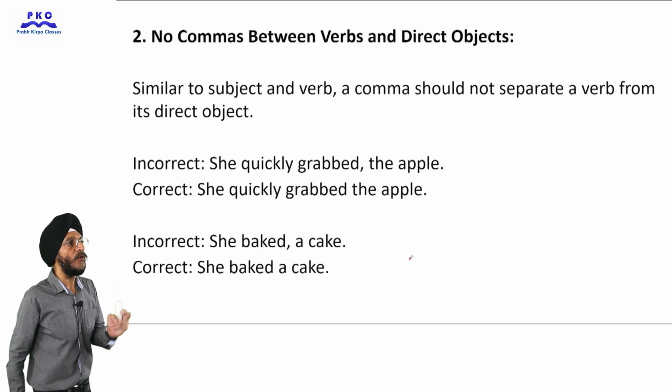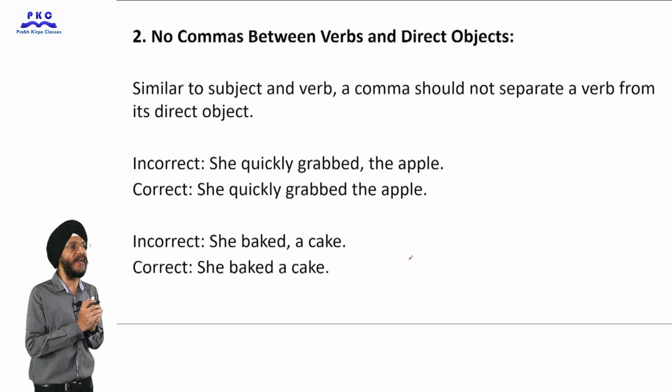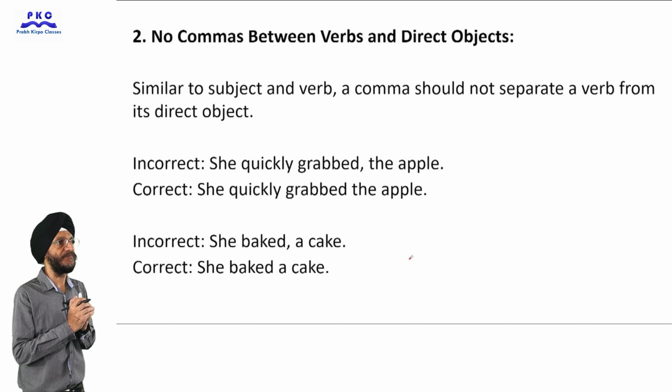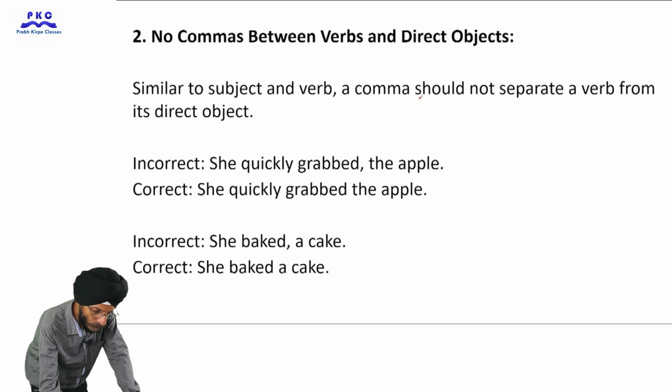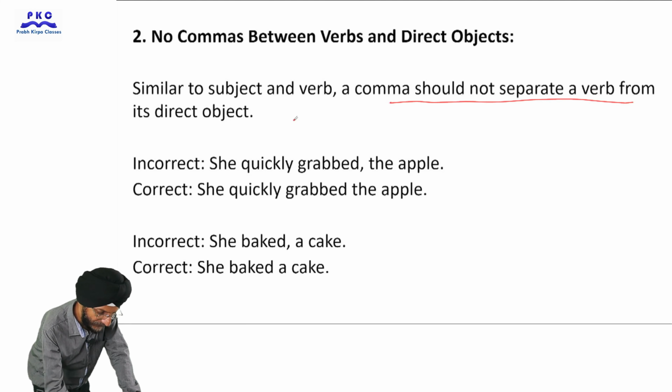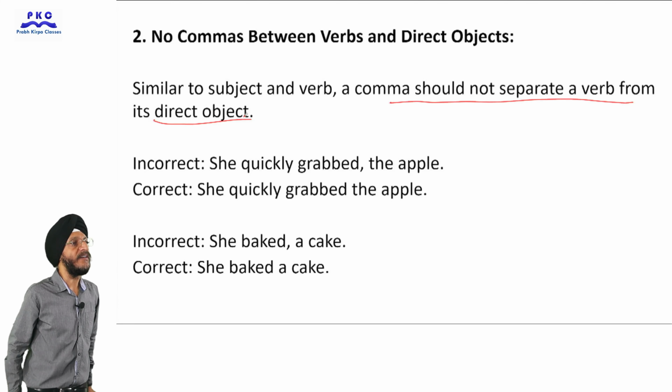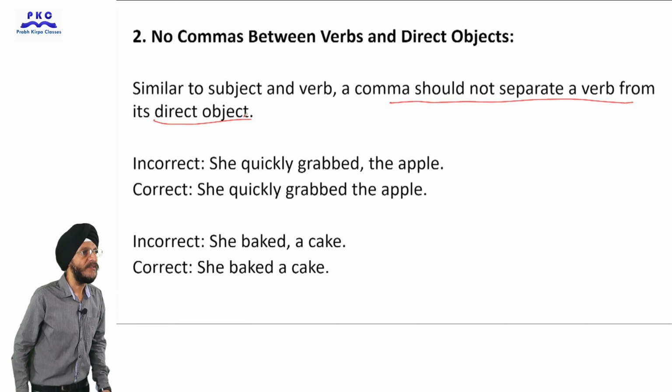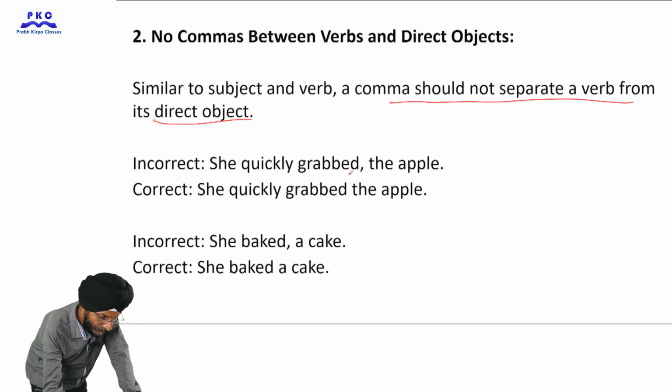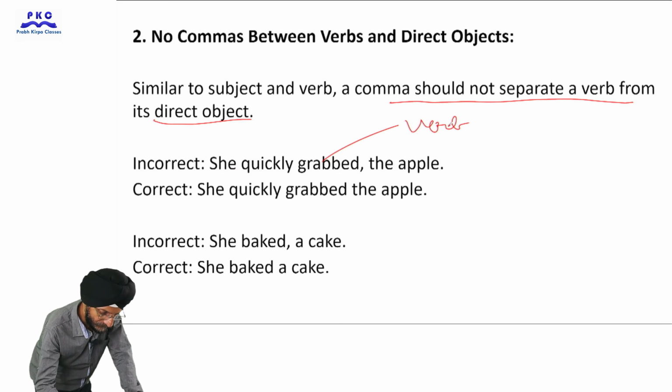Next is no commas between verbs and direct objects. A comma should not separate a verb from its direct object. She quickly grabbed the apples. Grabbed is a verb. Apple is the direct object. And here again it is an unnecessary comma.